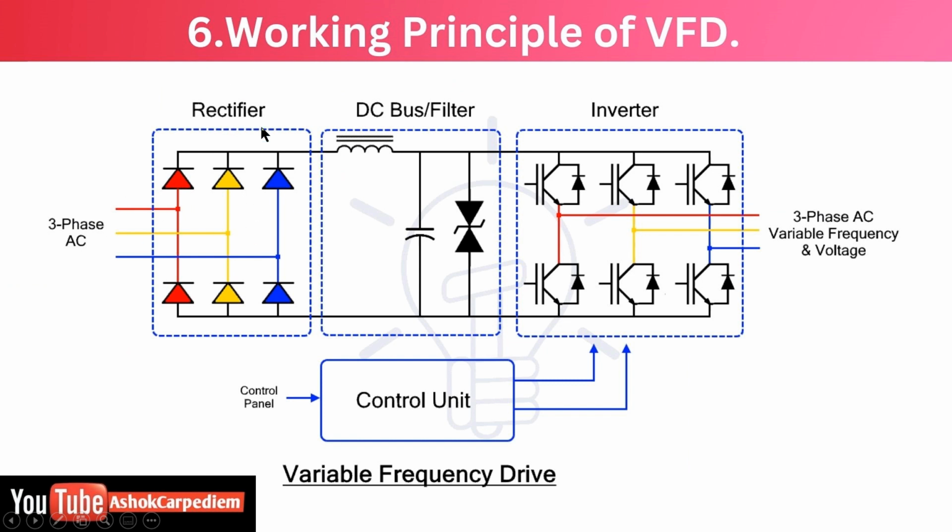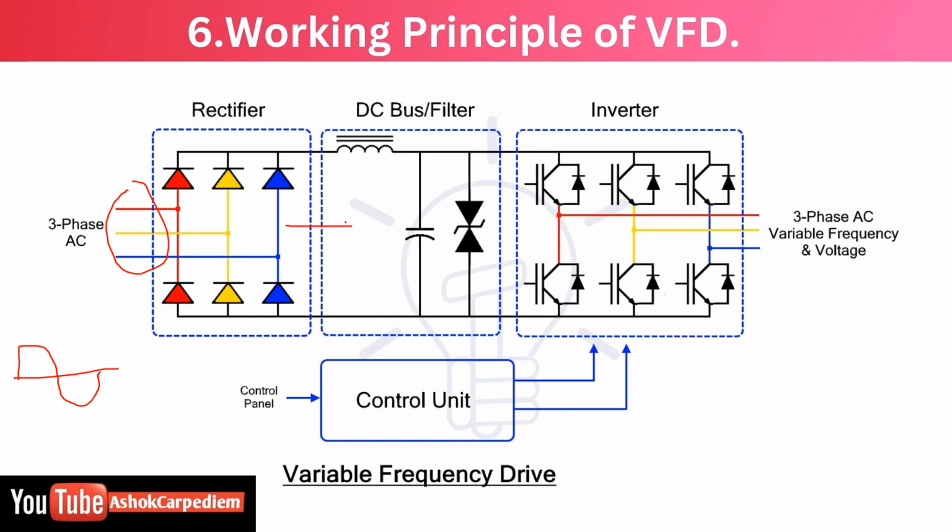After that, this rectifier converts the 3-phase current into DC current. It means the sine wave will come like this, right? I'll show you, I will take the pen. When the current comes here, it will be like this, a sine wave.